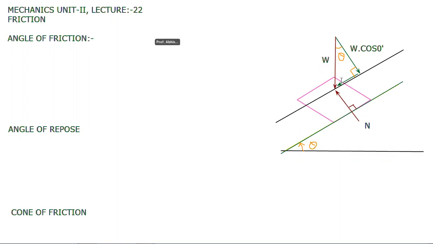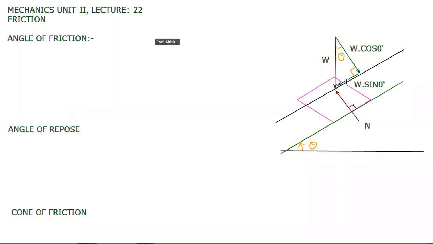Now, opposite upon hypotenuse is sine of theta, and therefore the opposite side is equal to the hypotenuse multiplied by sine of theta. The hypotenuse is W, so this opposite component of W will be W sine theta.